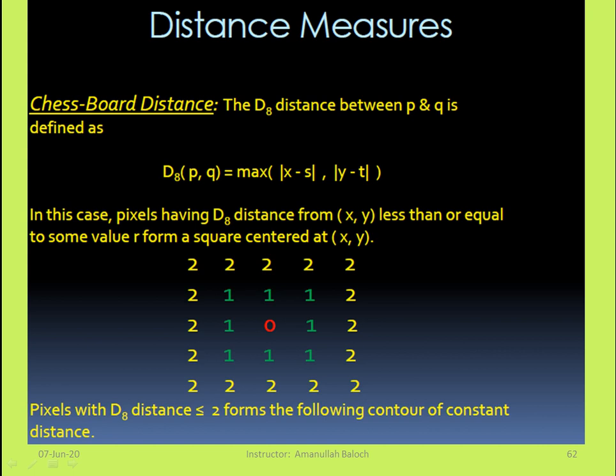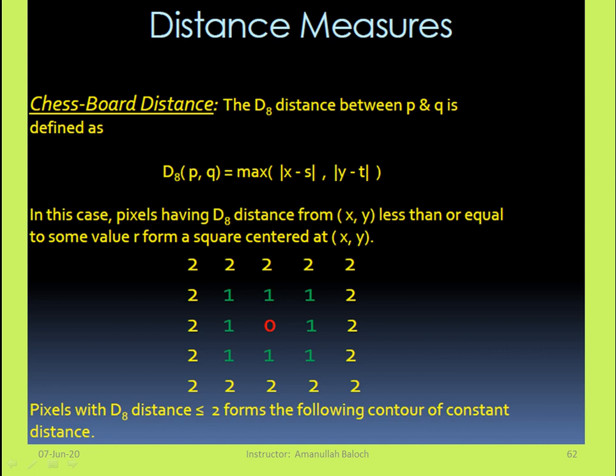This is the x y location at 0 0 coordinate value, and this is at 0 1, because we are moving towards y 1 pixel distance. 0 minus 1 and 0 minus 0, we are not moving towards the x axis. 0 minus 0 is equal to 0, and 1 minus 0 is equal to 1. Absolute is 1. 0 comma 1, the maximum value is 1.